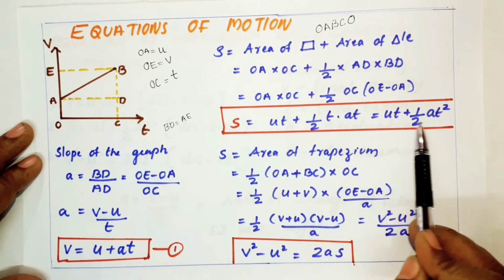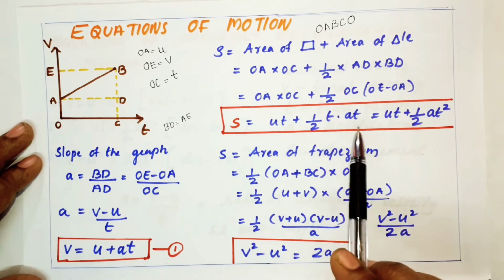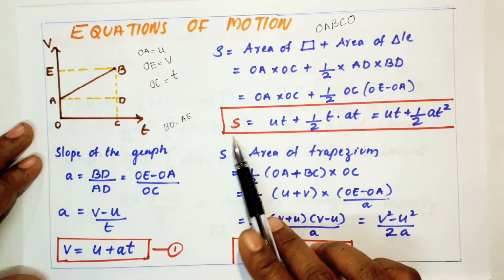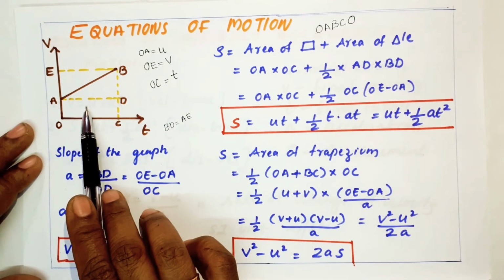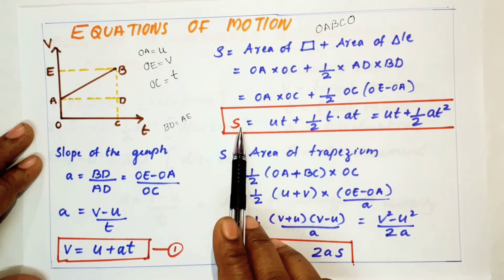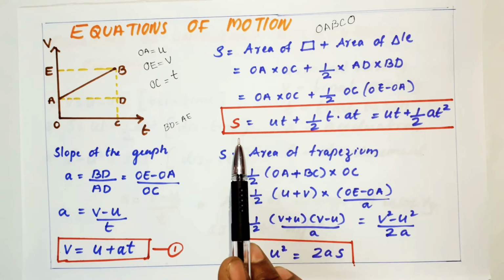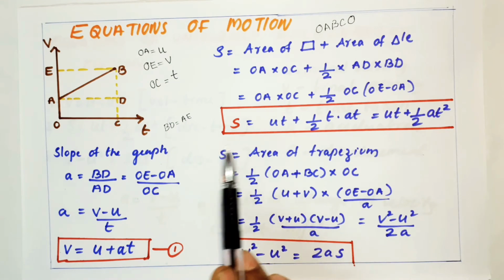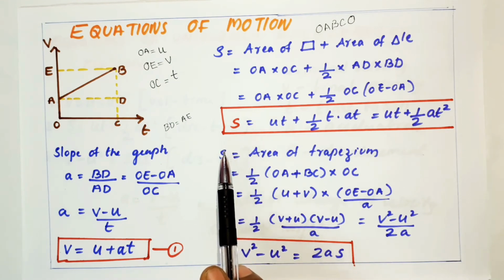So it is s equals ut plus half at square. Here s is the displacement. Also in the previous video I told you, area of velocity time graph gives displacement.